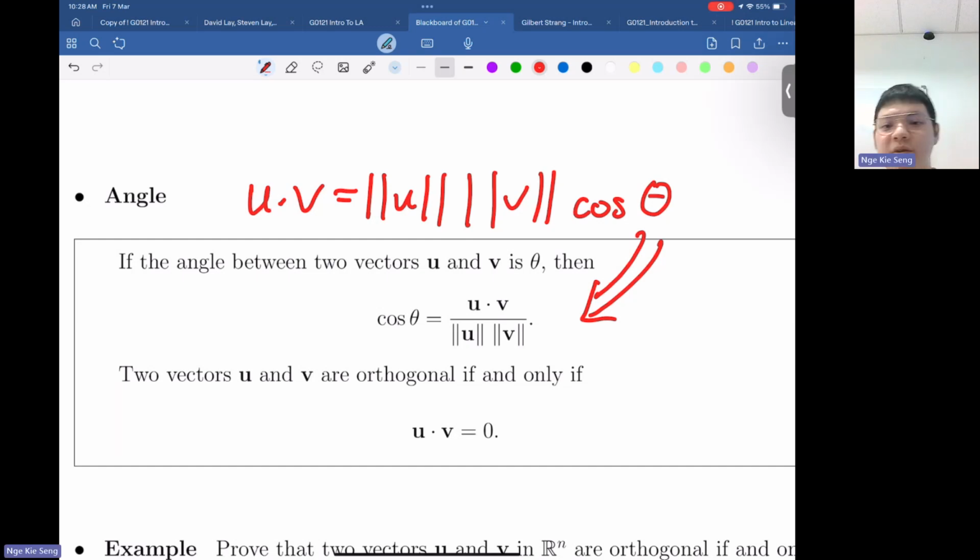Maybe you are interested in why this is true. Actually, this can be proven from the law of cosines, if you know it. The law of cosines is c squared equals a squared plus b squared minus 2ab cos theta.